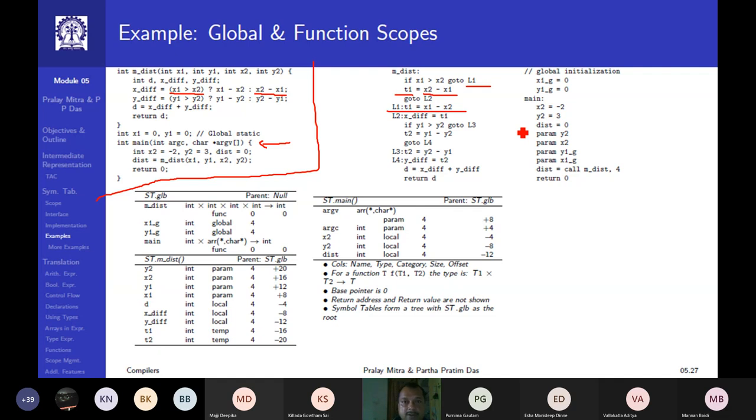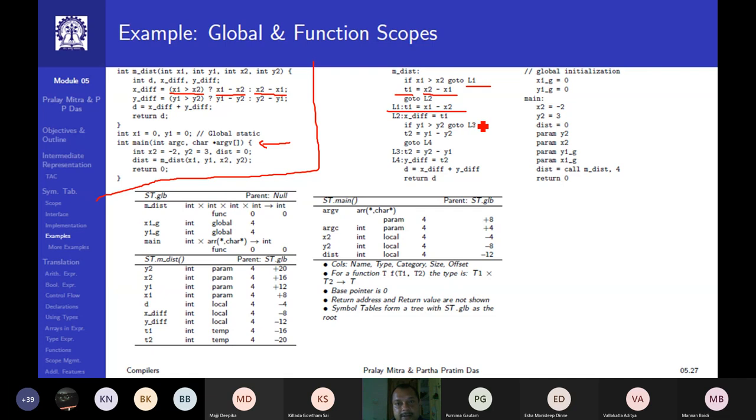After that, I am jumping to L2 to avoid L1, where L1 is going to evaluate x1 minus x2 and store it in the temporary variable t1. Now you see, in both the cases, I am using the compiler generated temporary variable t1.